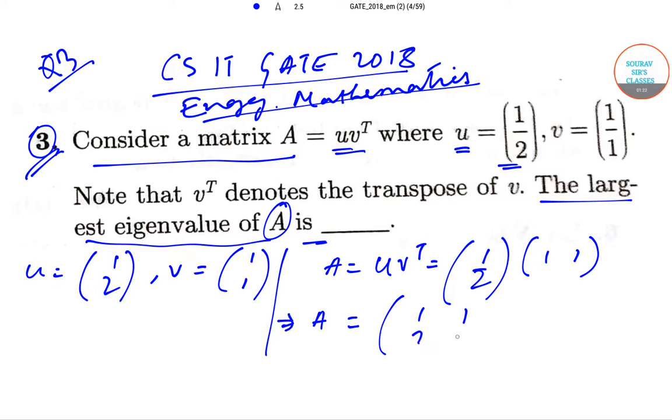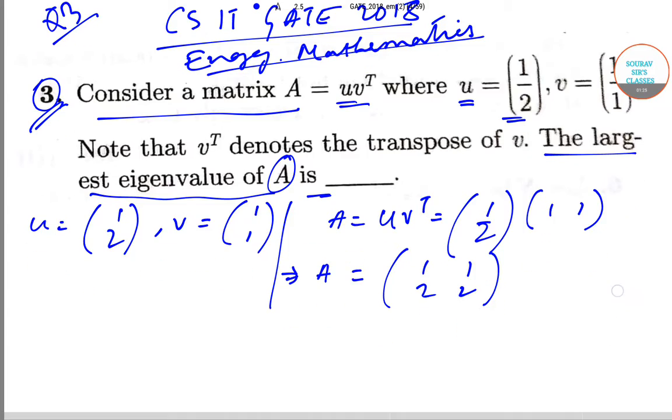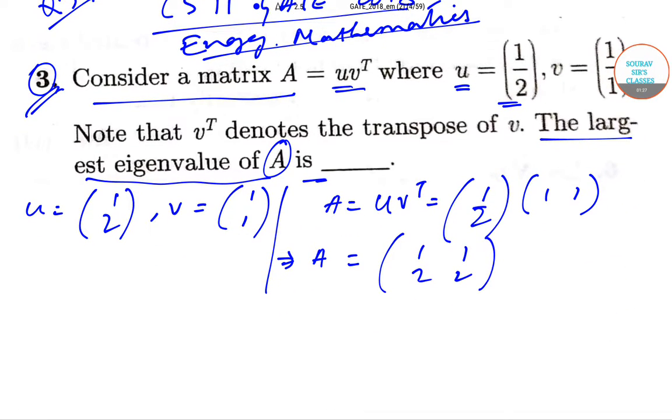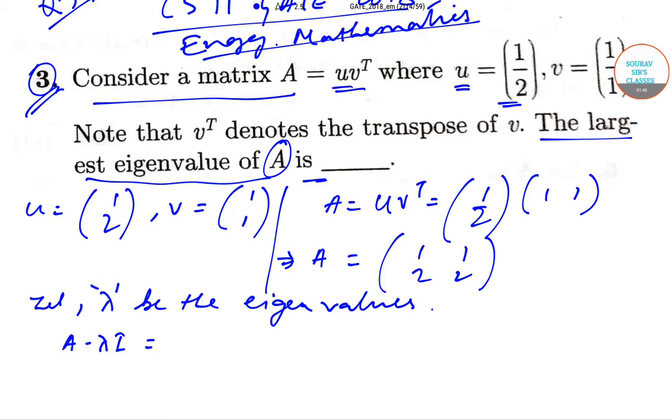1, 1, 2, 2. So for eigenvalues, let lambda be the eigenvalues. We need to find A minus lambda I. A minus lambda I will be given by 1 minus lambda, 1, 2, 2 minus lambda.